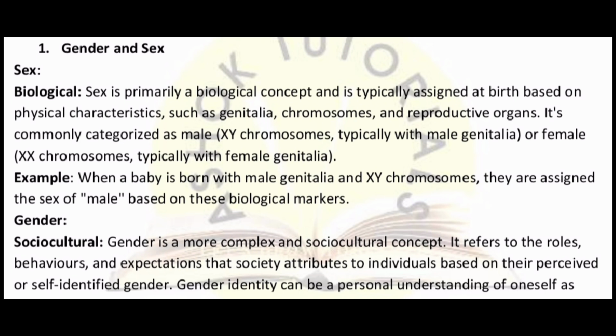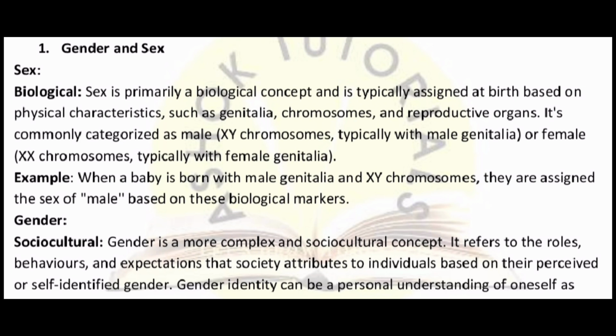And those who are from a science background know that we have 23 pairs of chromosomes, that is 46 chromosomes. Out of these, 22 pairs are exactly the same in both males and females, but there is one pair of chromosomes which is different in male and female.